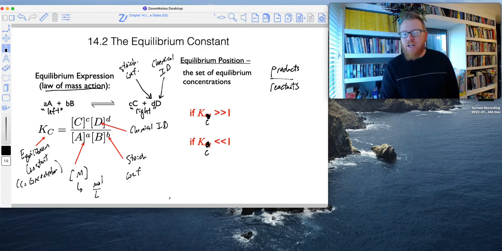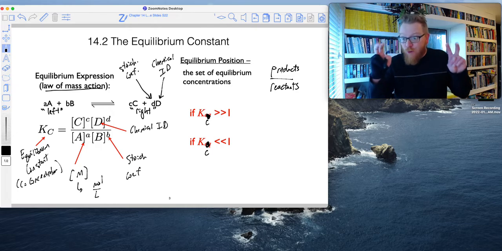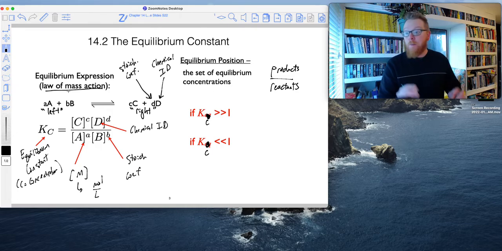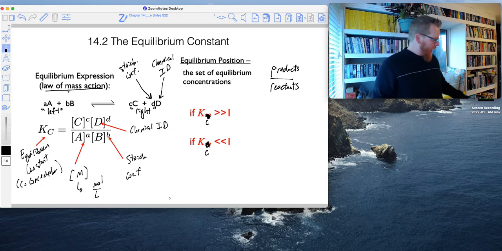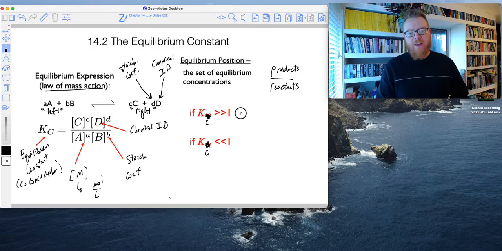When K is much greater than 1, that means there are more products than reactants. So we would say the equilibrium position is on the right.